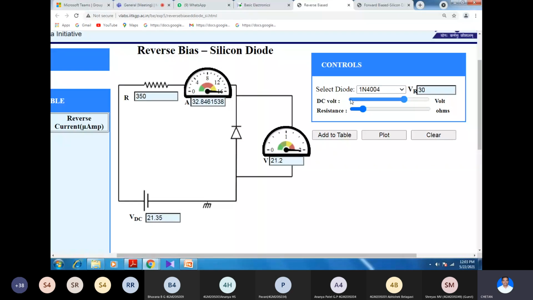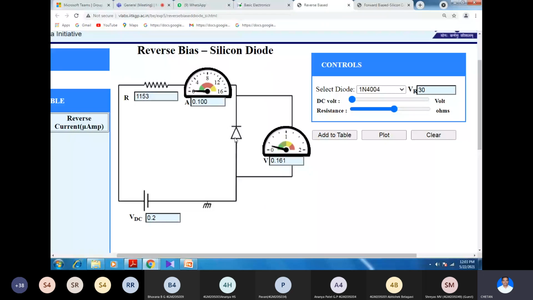Reverse bias condition means that we have to connect the positive terminal of the battery to the negative terminal of the diode, and connect the negative terminal of the battery to the positive terminal of the diode.